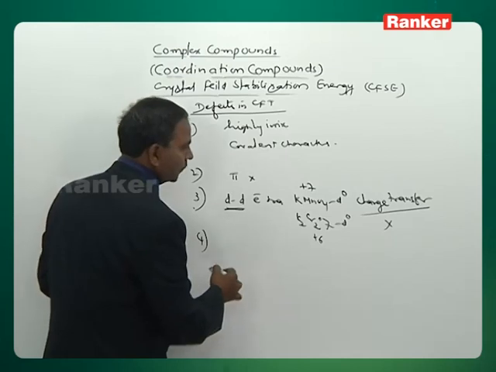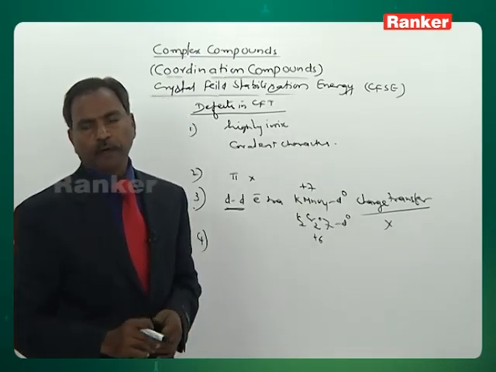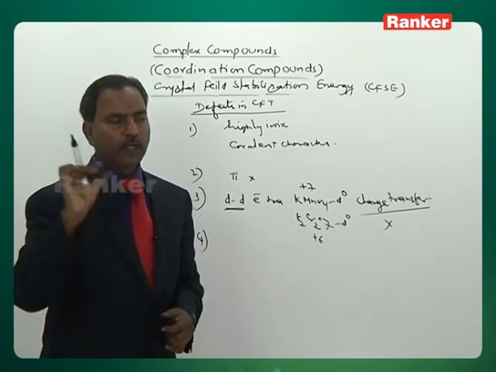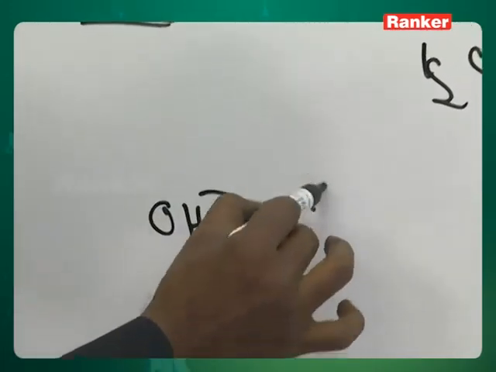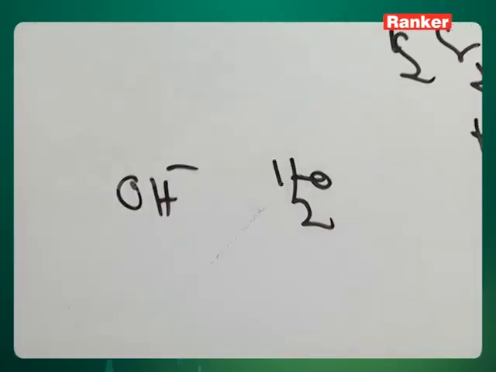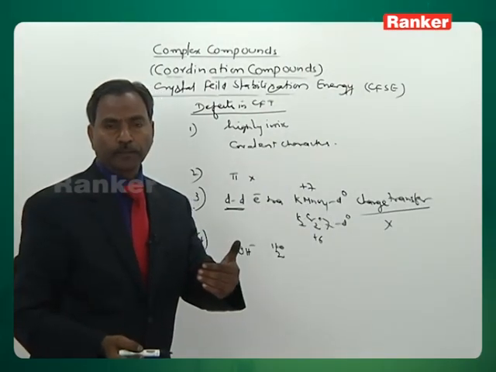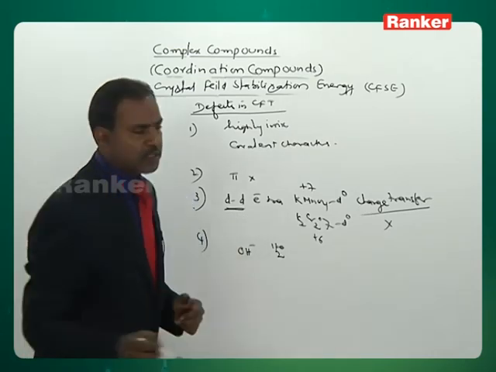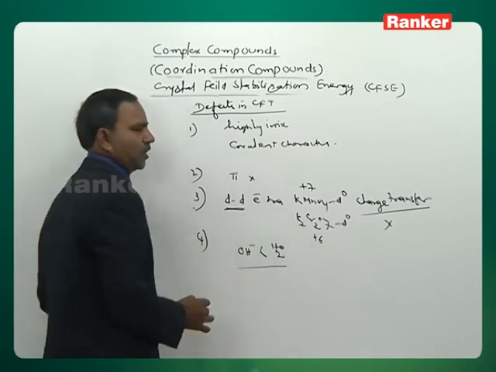But consider the increasing order of field strength of ligands in the spectrochemical series, suppose OH minus and H2O. Yes, OH is more basic, so OH field strength should be greater than water. But in the actual order, OH minus has lower field strength than H2O.